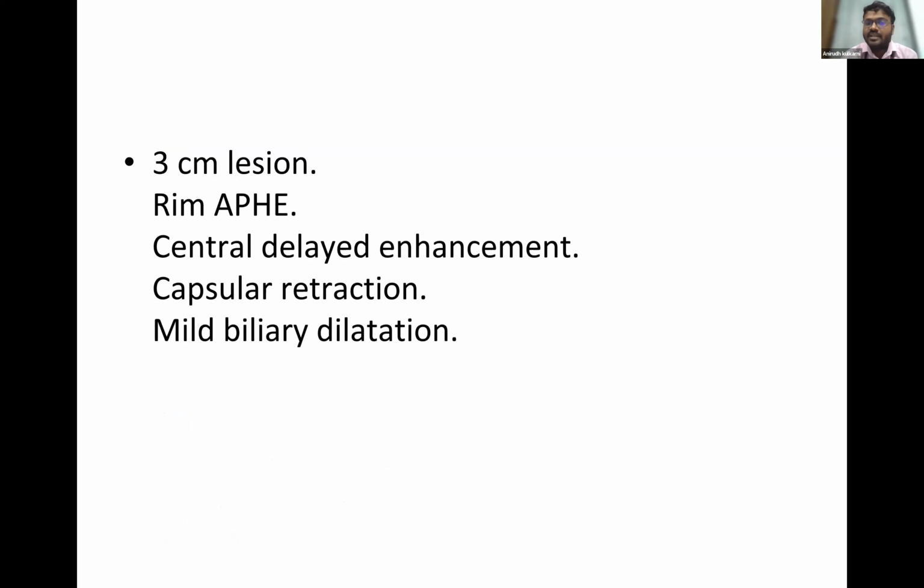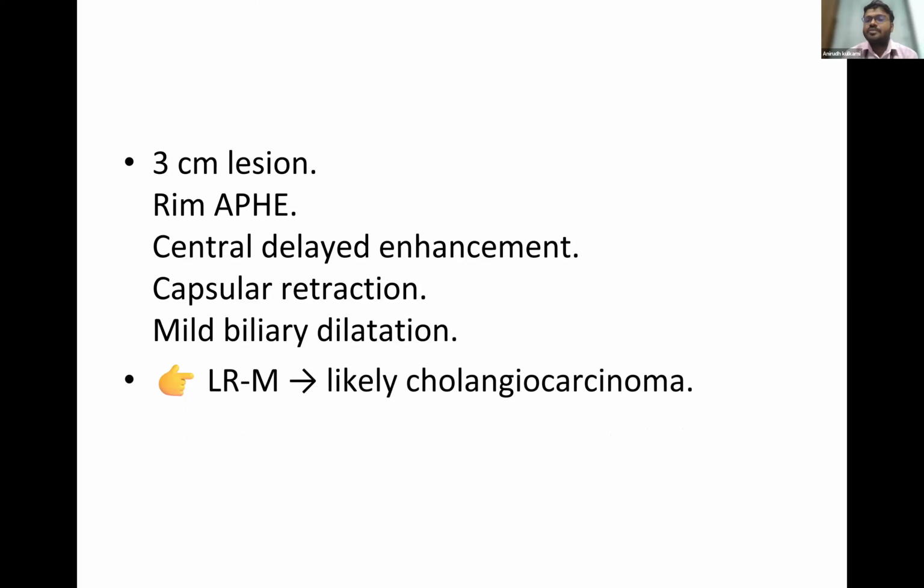Next, 3 centimeter lesion, rim APHE, central delayed enhancement, capsular retraction, mild biliary dilatation. LRM, yes, this is LRM. So you should remember this cholangiocarcinoma. These are the points which you remember and tell in the examination.